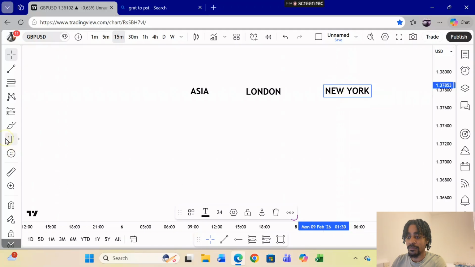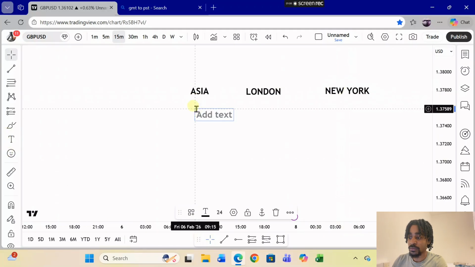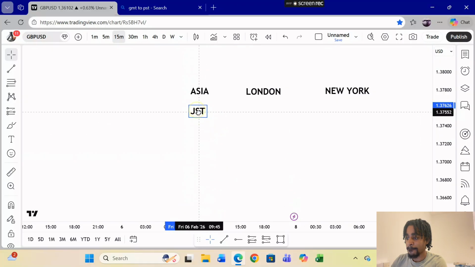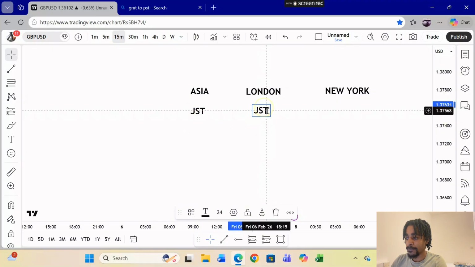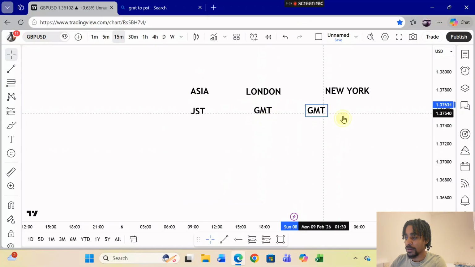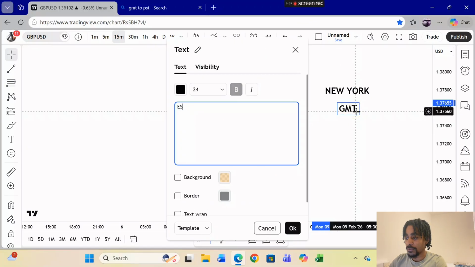And then we have also 3 different time zones. So we have, not UTC, we have JST, we have GMT, and then we have EST.